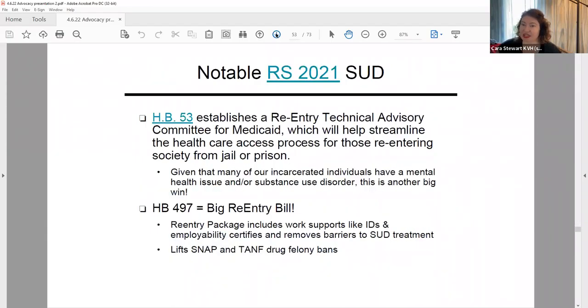This is again also from last year. We created this reentry technical advisory committee. I hope people who are here right now are participating in that committee. If you're not, please join up. It is through the Legislative Research Commission, which is a part of the legislature, but it is a great way to get information directly to legislators and their staff that are working on reentry issues, which of course has a lot to do with substance use disorder services.